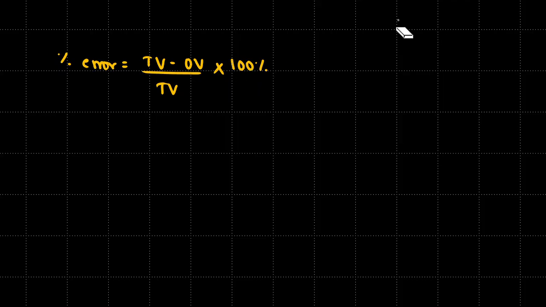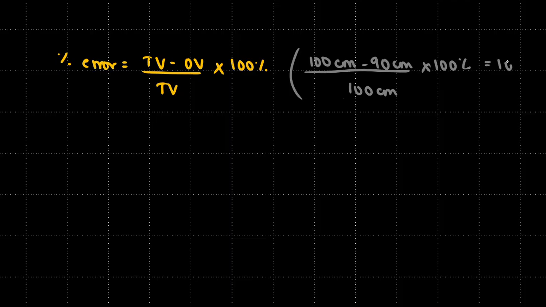So let's take the previous example where our true value was 100 centimeter, observed value was 90 centimeter, and the true value divided was 100 centimeter into 100%. This gives you 10%.